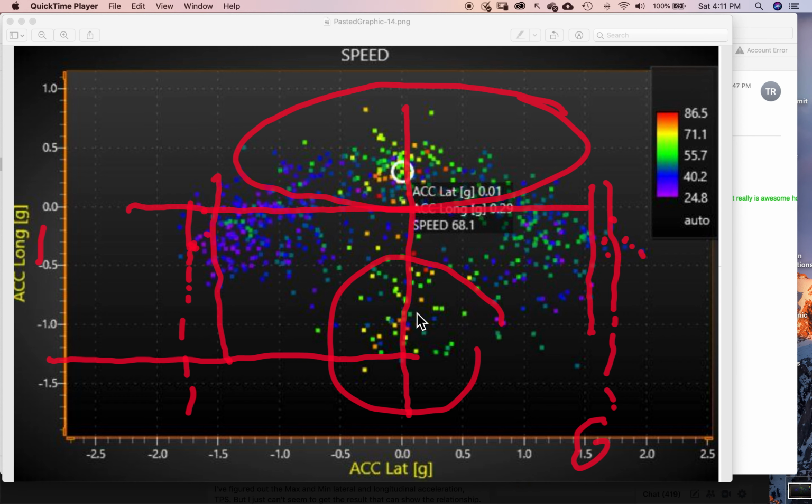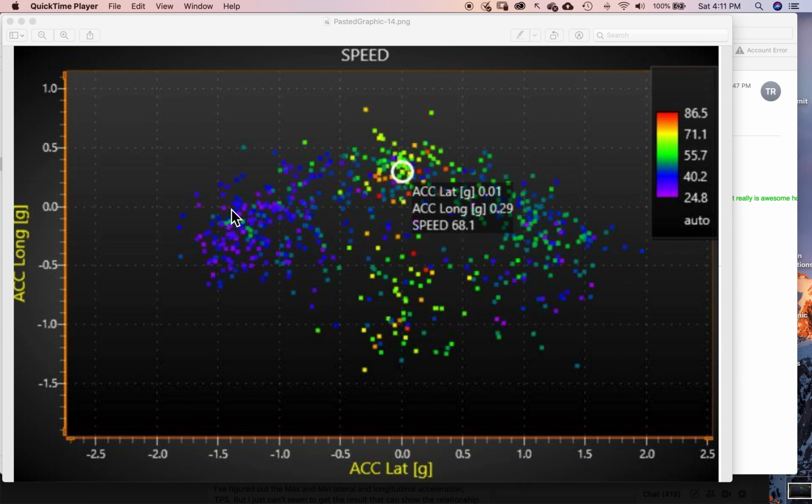As a general rule, in this case the car should be able to brake at 1.5.